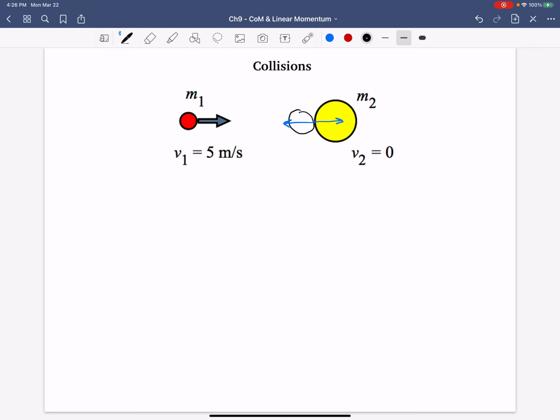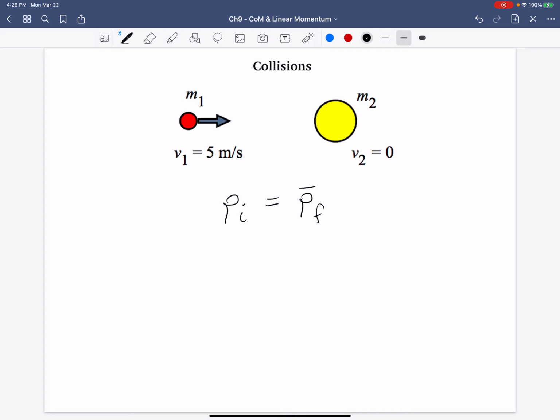Because of that, and because of the impulse momentum theorem, the initial momentum, just m1v1 since the momentum of mass 2 is 0, has to equal the momentum after the collision, however that's split up between the two particles. We write that very simply as P initial equals P final.